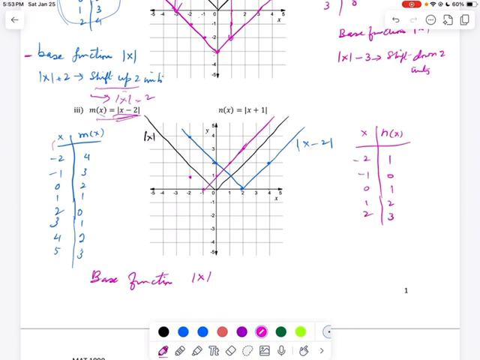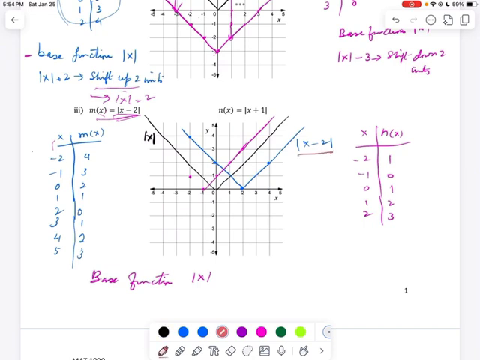So what does it mean? Let's check. So we have the graph of absolute value of x shown here in black. Okay, and now I plug in and graph the function, which is absolute value of x minus 2.